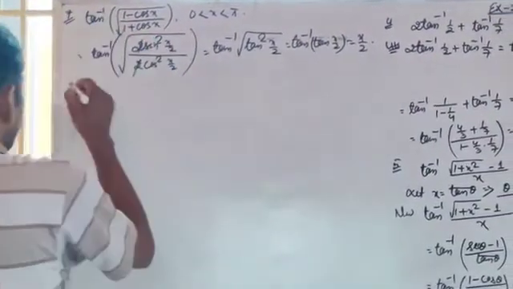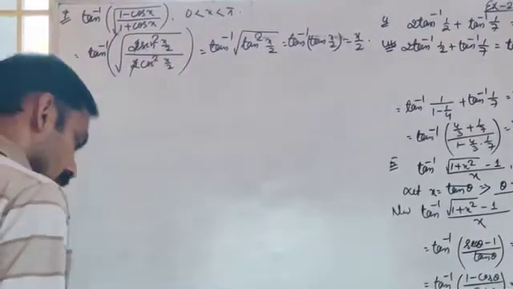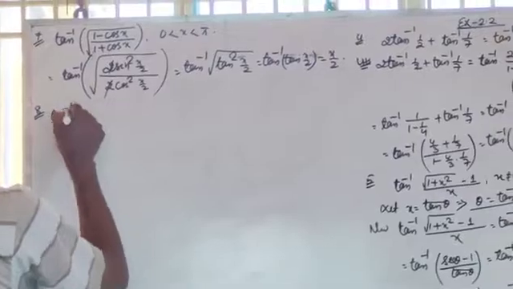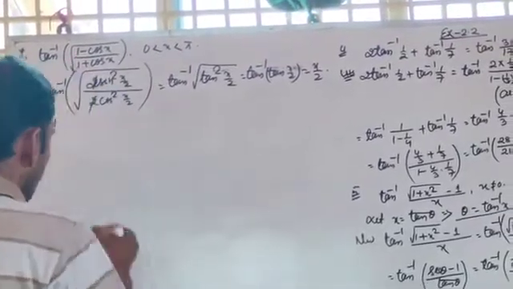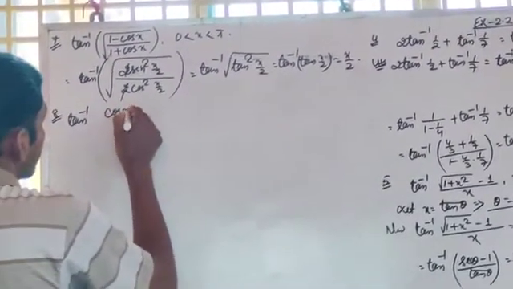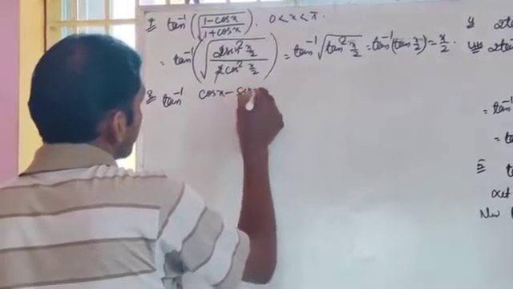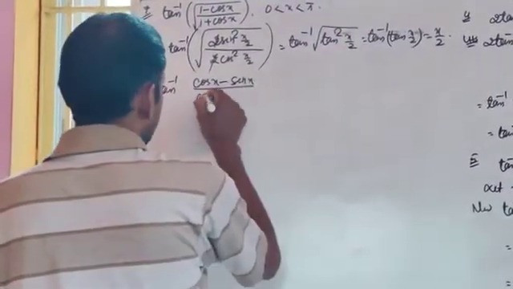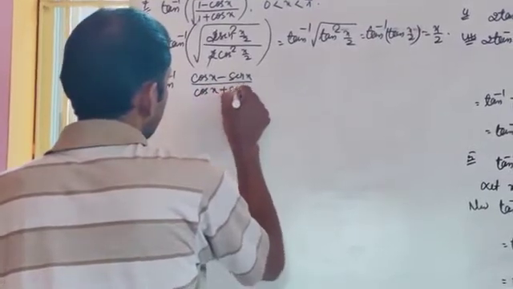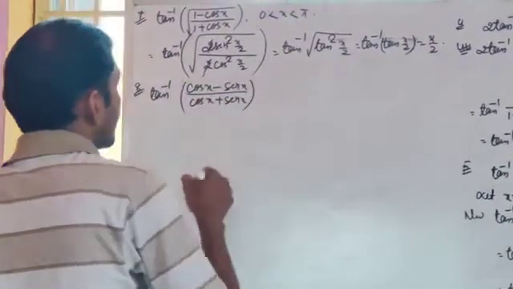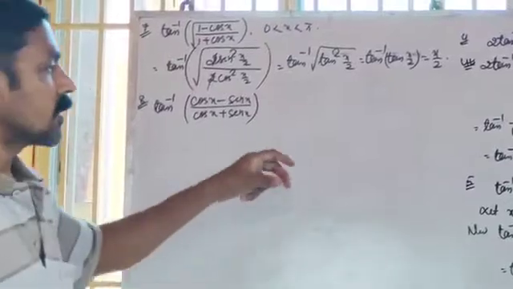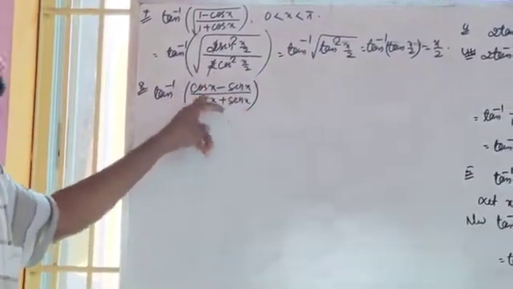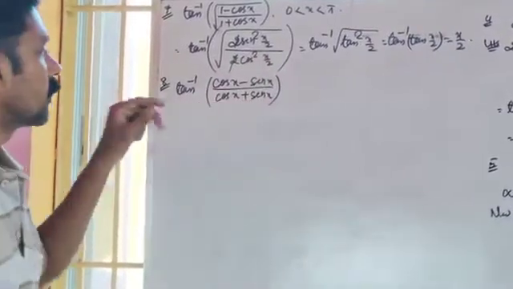Then question number 8. It is tan inverse of (cos x minus sin x) divided by (cos x plus sin x). So like the previous one, we have tan inverse, and we have to convert this value into tan.